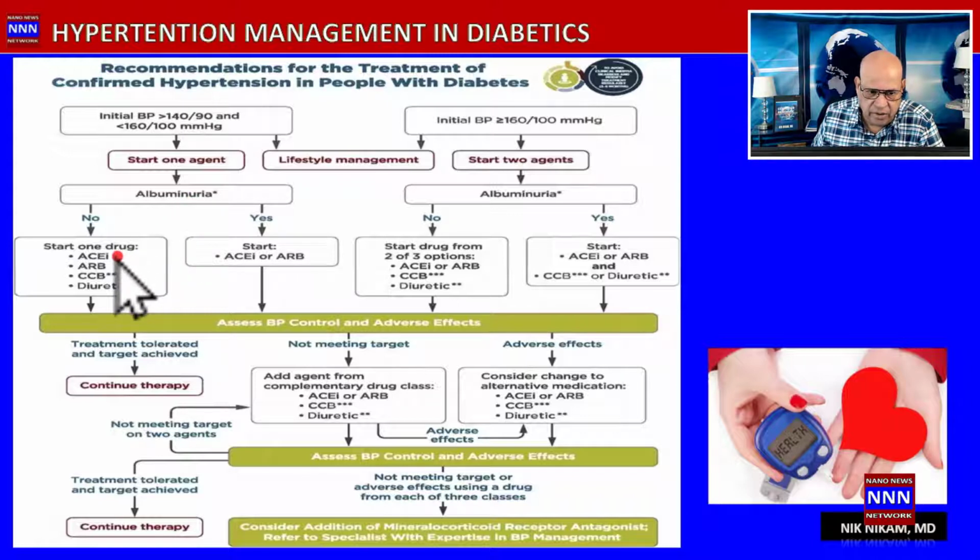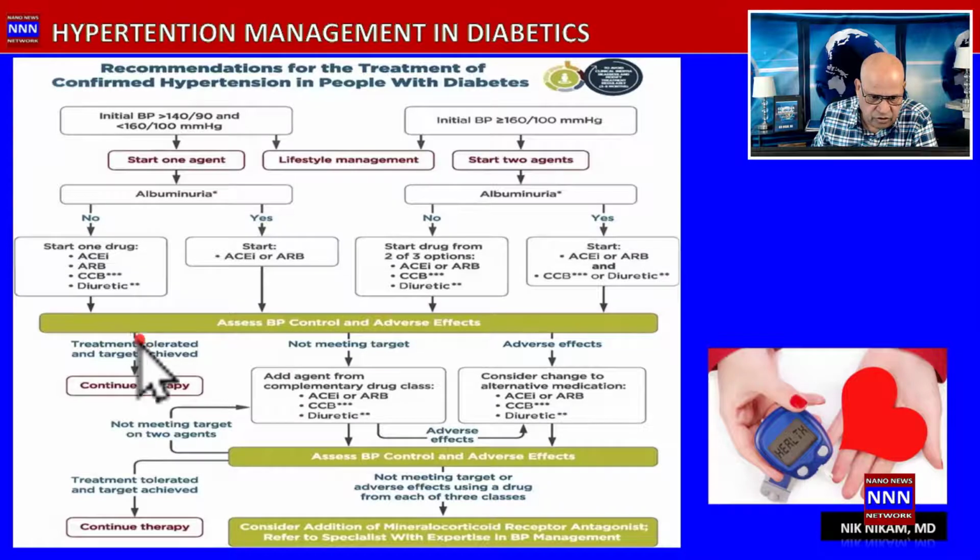They can be started on ACE inhibitors, ARBs, calcium channel blockers, or diuretics. Any one of these drugs can be used. Whereas if the patient has albuminuria, then you use ACE inhibitors or ARBs and try to minimize the use of thiazide diuretics. Okay, the lifestyle modification is the foundation of any kind of treatment, be it drugs, interventions, or anything else.